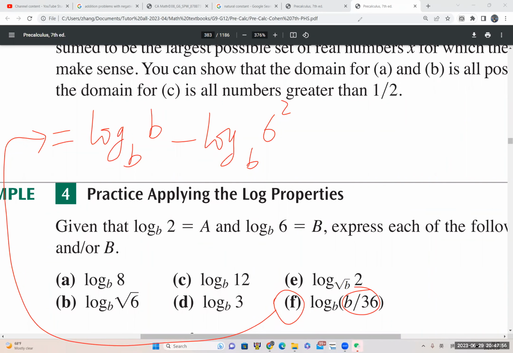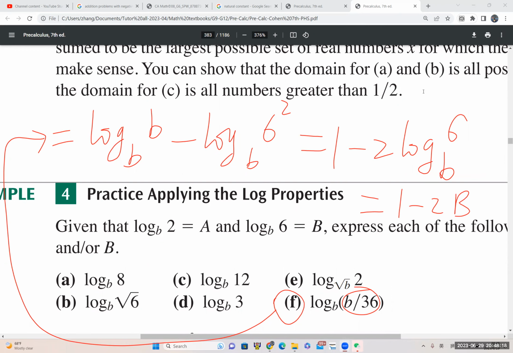So log b of 6 is just 1. Here the 2 can jump to the front. Then we have log b of 6, and log b of 6 is just b, so we get 1 minus 2b. Right?